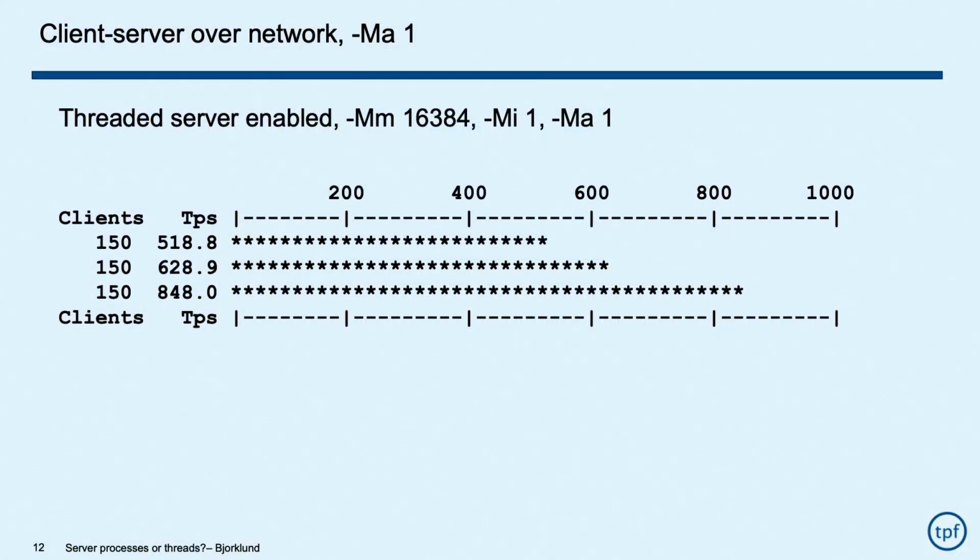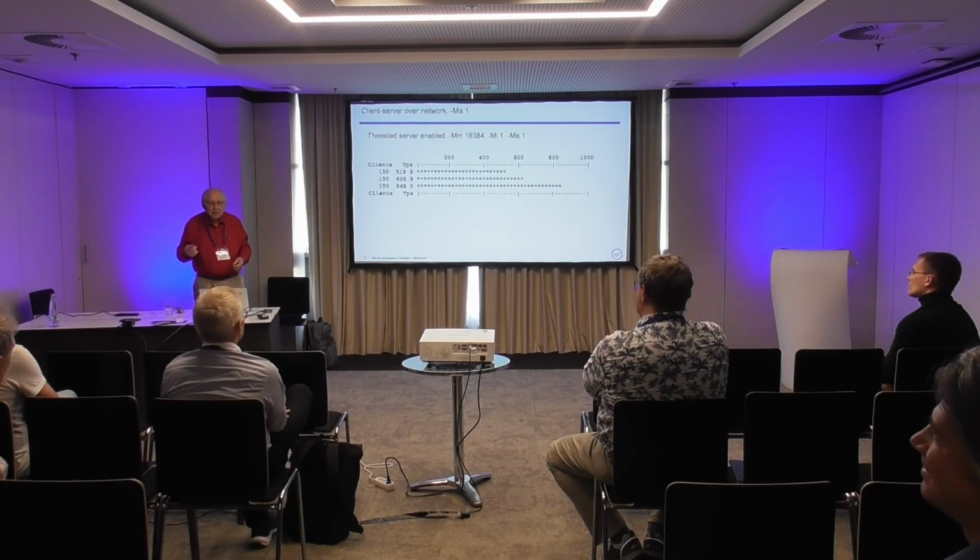Okay, so here's the MA1 case. So threaded server, but since MA is one, you get one thread per server because you get one client per server, and you get 150 servers. So you have lots of processes.